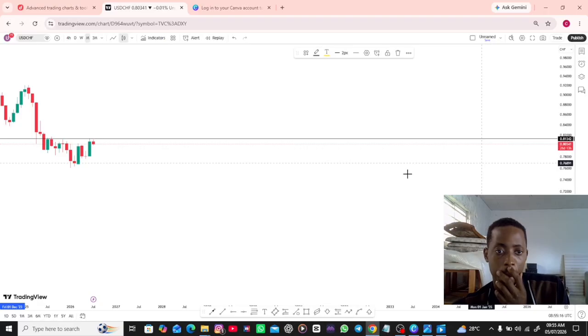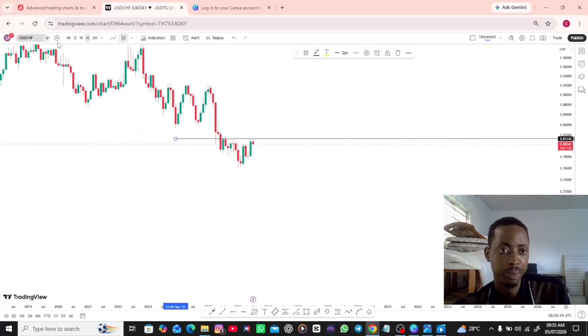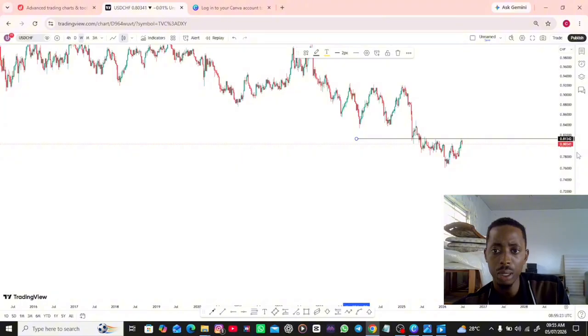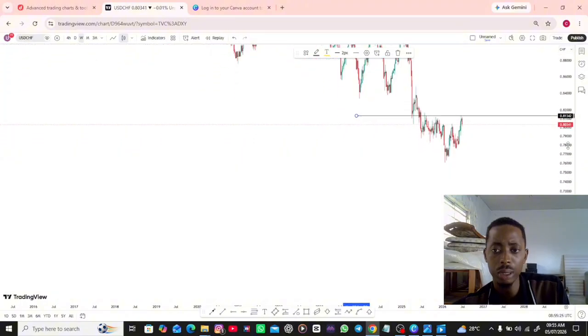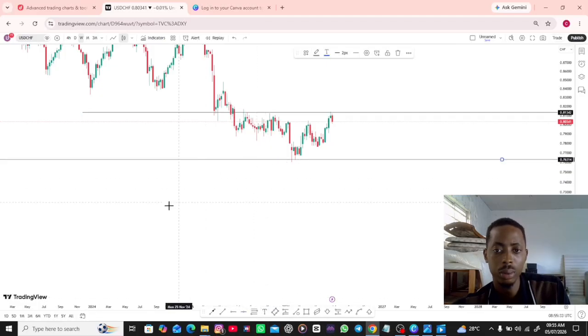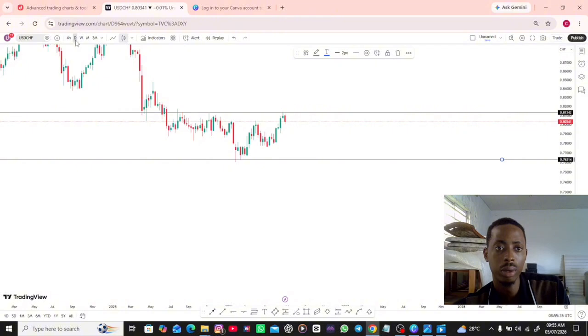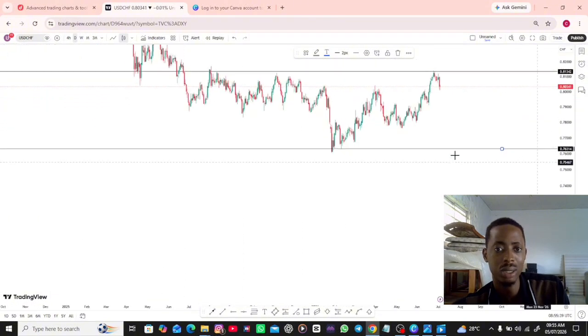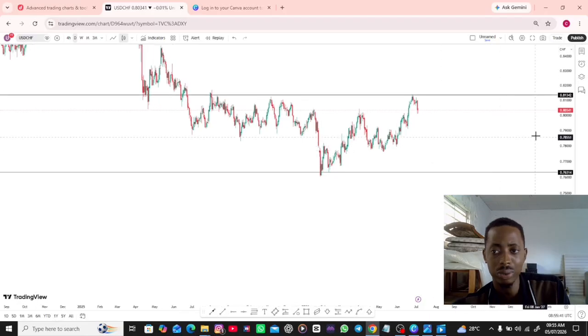Go down on the weekly time frame to see what the market is playing around. Mark out the lowest low being here. Go down on the daily time frame. This is just a top-down analysis. This is a strategy I've been using for a while.